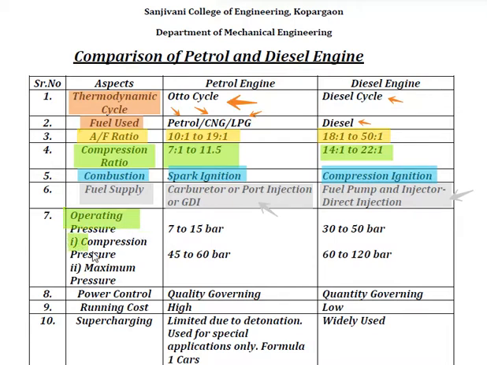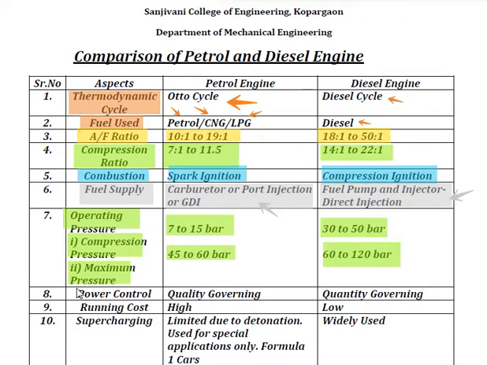In petrol engines, without combustion, compression pressures are in the range of 7 to 15 bars, and the same for a diesel engine is 30 to 50 bars. Whereas the maximum pressure after combustion for a petrol engine is 45 to 60 bars, and in diesel engines 60 to 120 bars. So this is the basic difference.